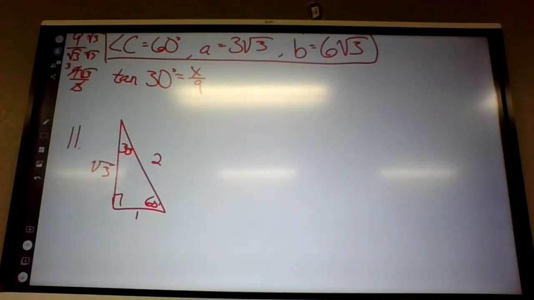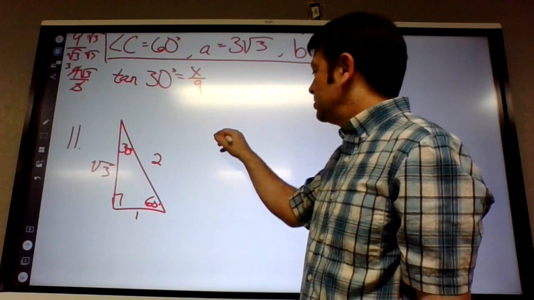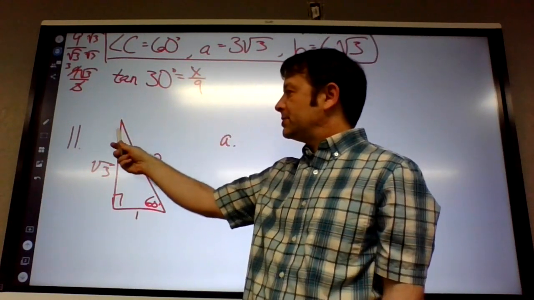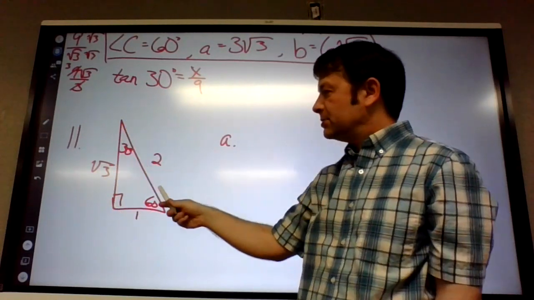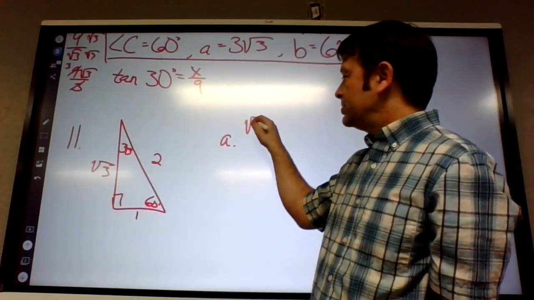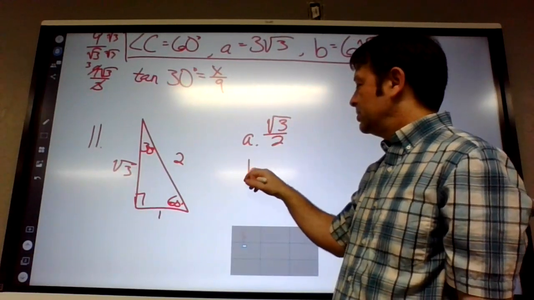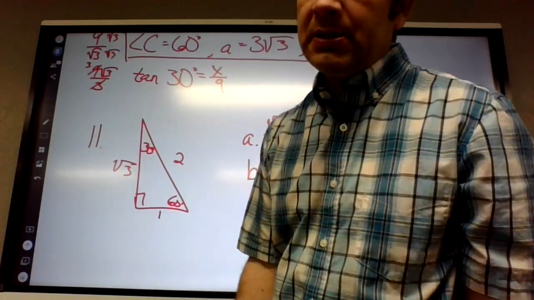Okay, so on 11a it says what is cosine of 30? So cosine is adjacent over hypotenuse. Okay.